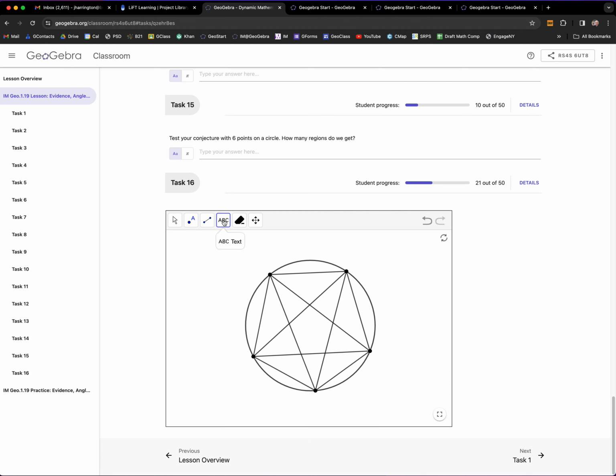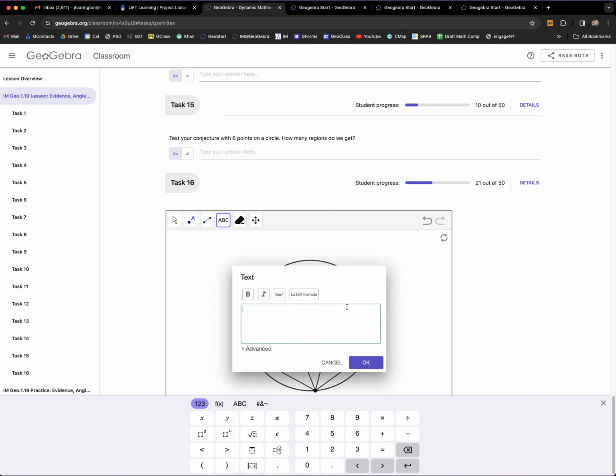So it went from 1 point, 1 region, right, to 2 points, 2 regions, 3 points, 4 regions, 4 points, oops, 8 regions.